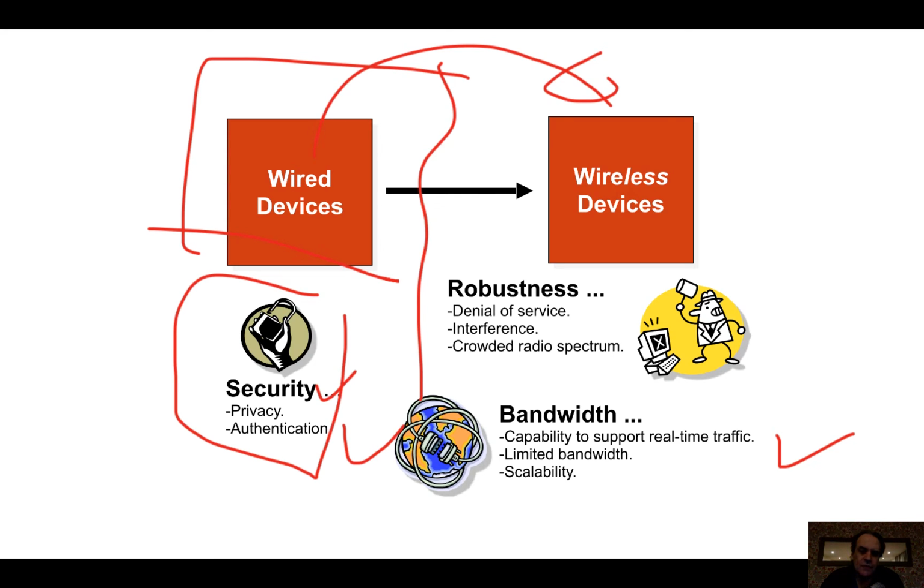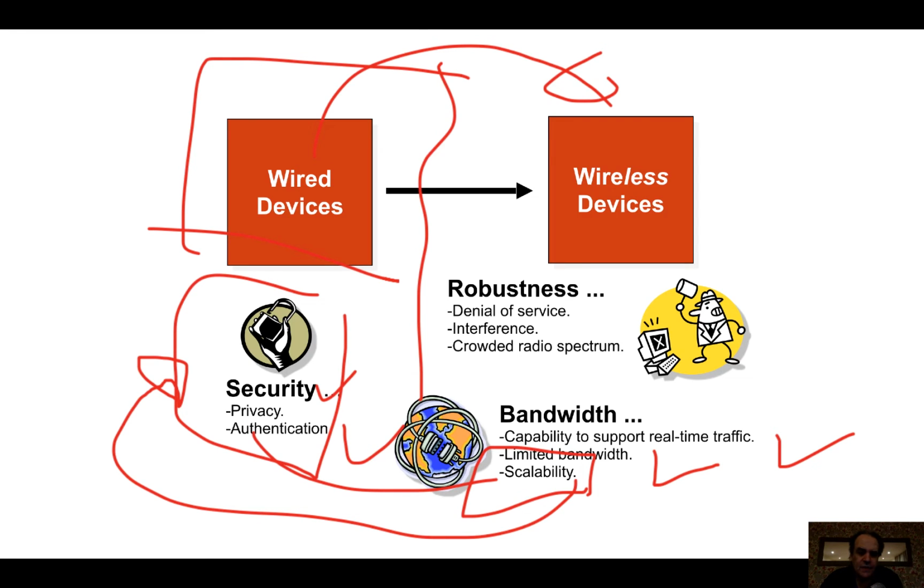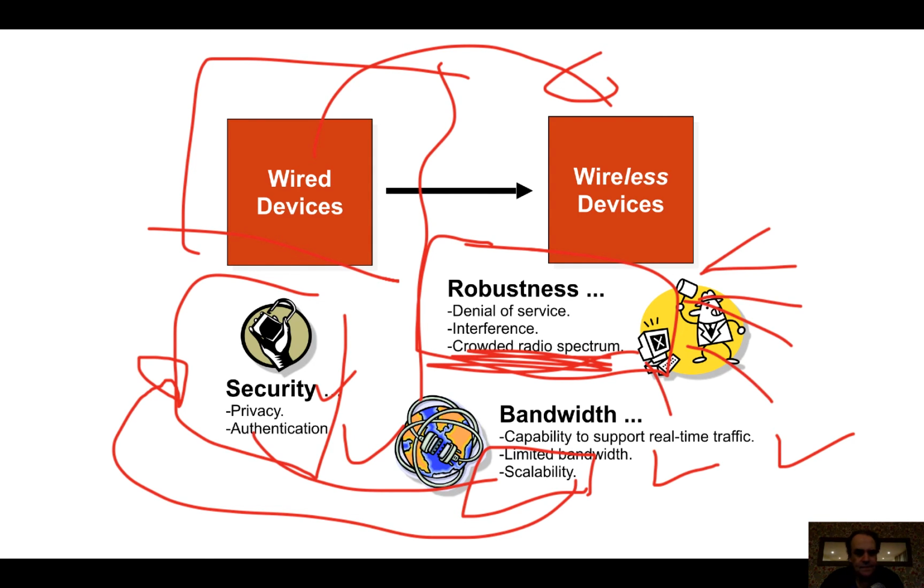Our wireless systems often have limited support for things like quality of service, for real-time traffic. They can have limited bandwidth as opposed to wired networks, and also they're not quite as scalable as the infrastructure we see with wired devices. Along with this, they can be open to denial of service, interference, and also there is a very crowded spectrum where everyone's sharing the same media.